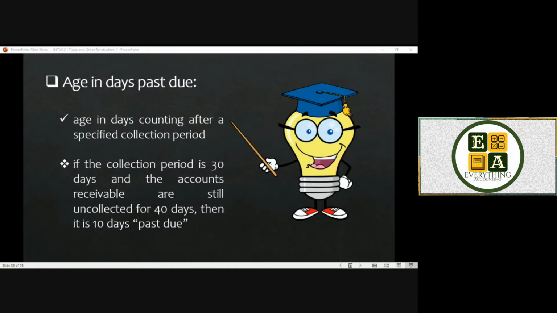Diyan magsa-start yung past due thing. So meaning, kung uncollected yung accounts receivable for 40 days na, that means 10 days past due na siya. Or from the 31st to the 40th day, 10 days past due.